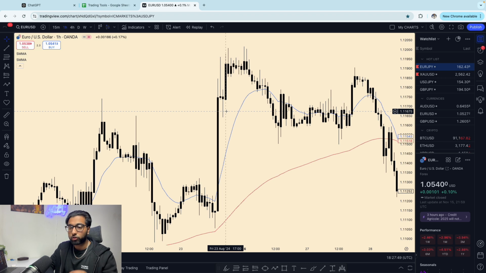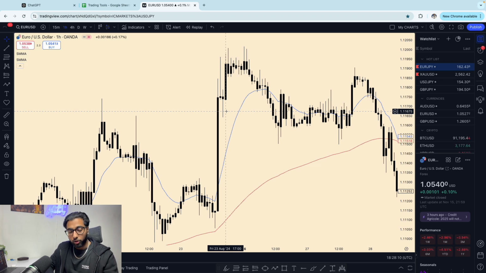So for homework, you know how to draw support and resistance or area of interest. Now what I want you to do is line them up with break of structures, and not only that, I want you to line it up with round psychological numbers too.